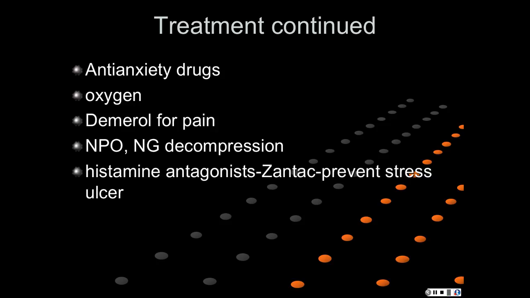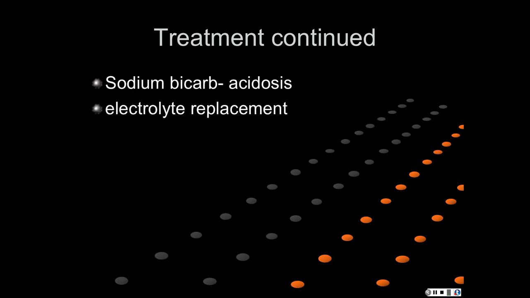And your other drugs, your histamine antagonist. I have Zantac there, but we know you have newer ones, things like Protonix and so on. They may need TPN, worst case scenario. They may require sodium bicarbonate if there's acidosis, and replacement of electrolytes. Regular insulin for hyperglycemia.